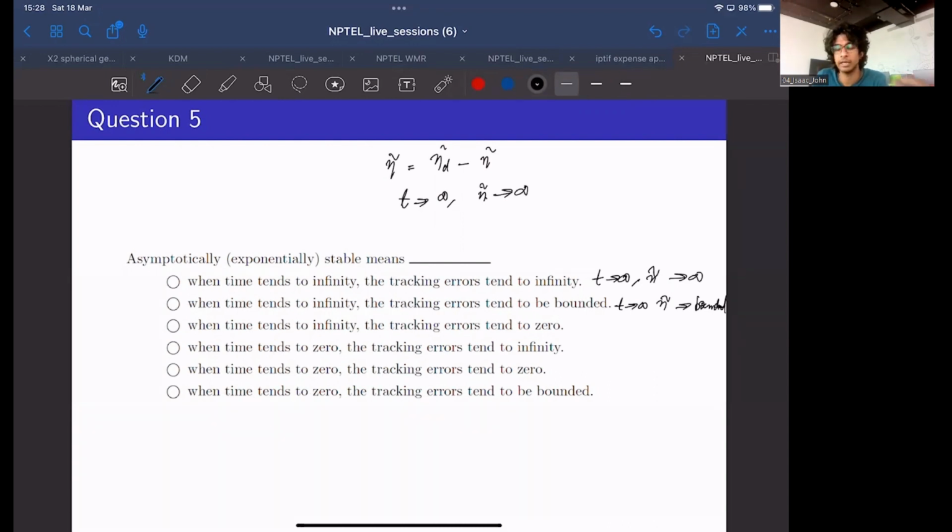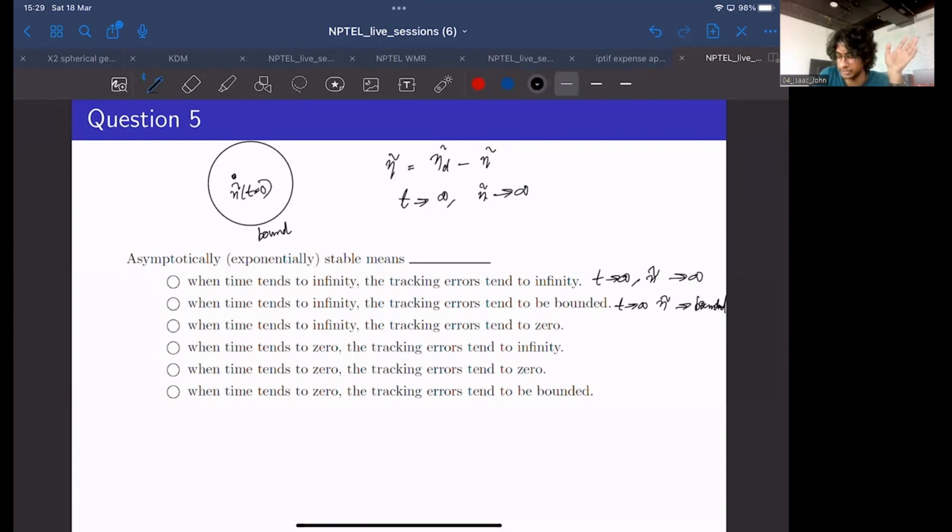Bounded in the sense that there will still be some error, but it won't go beyond the bound. So if I'm treating this ball as a bound, this is the initial condition of eta tilde.